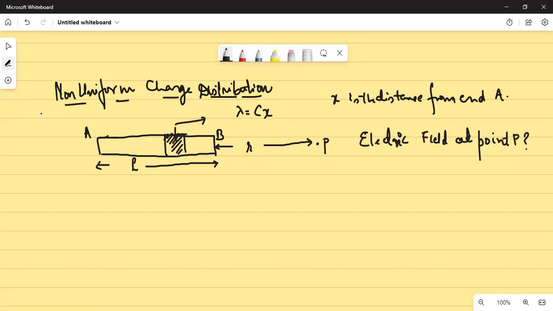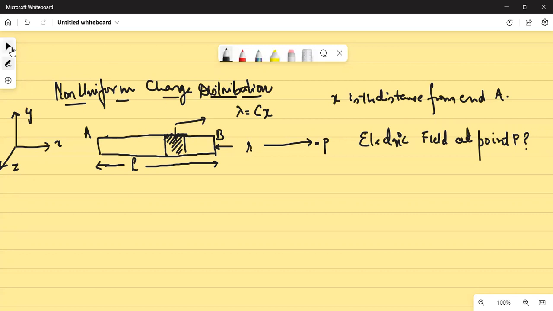So what is happening? Let's say this is my x-axis, this is my y-axis, and this is my z-axis. Now, a rod is placed along the x-axis, and if the rod is of length L, I have to find electric field at point P, which is at a distance r from B, and now the charge density is not uniform, rather it is non-uniform.